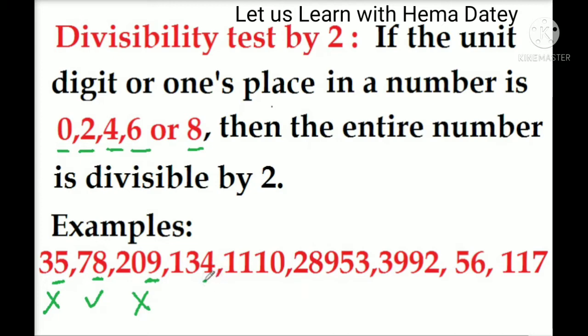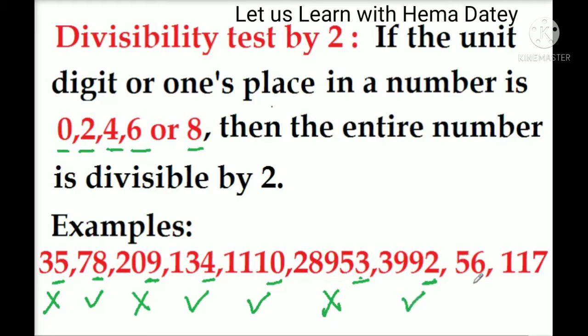Fourth number 134, unit place is 4, it is divisible by 2. Next number, unit place is 0, it is divisible by 2. Next number, the unit place is 3, it is not divisible by 2. Next number, unit place is 2, it is divisible by 2.